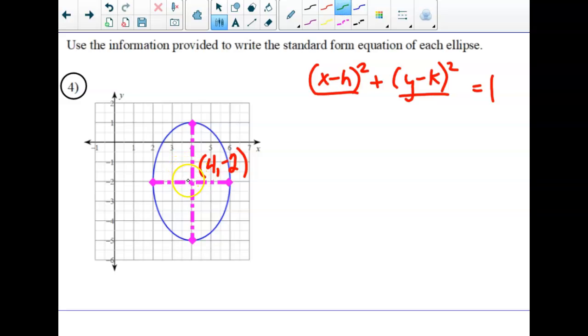Do you remember what the definition of this distance is out to the vertices here? Yep, the longer direction is A and the shorter direction is B. And where's the A going to go this time? Yes, because it is longer up and down.